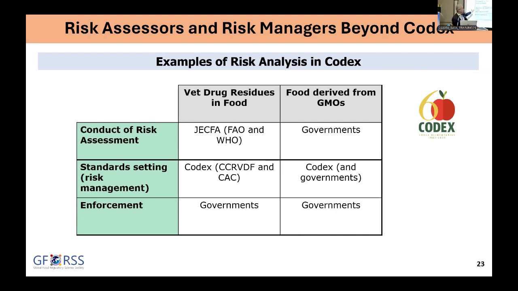If I look at the risk management decision for vet drugs, who does that? That's CCRVDF. We have a committee dedicated to veterinary drug residues, and it conducts the formulation of the standard. Then who does the enforcement? Codex will not do any enforcement. Enforcement is set at the level of food competent authorities.